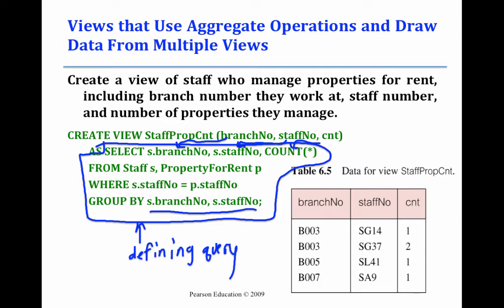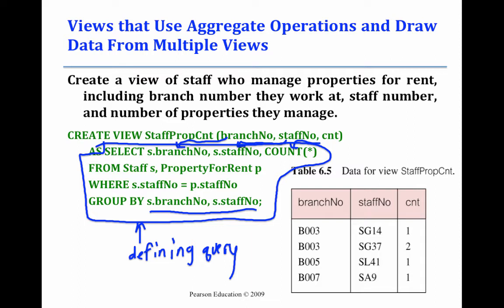So we're grouping both by the branch, and then within the branch, we are grouping by staff number. Now, think about this for a moment. We've said that the staff number is unique for each branch, that each staff member can belong to only one branch. So we really could have just grouped by the staff number and achieved the same result here.